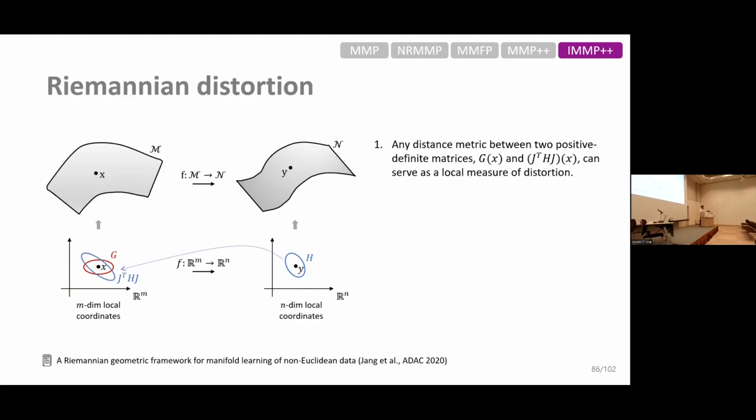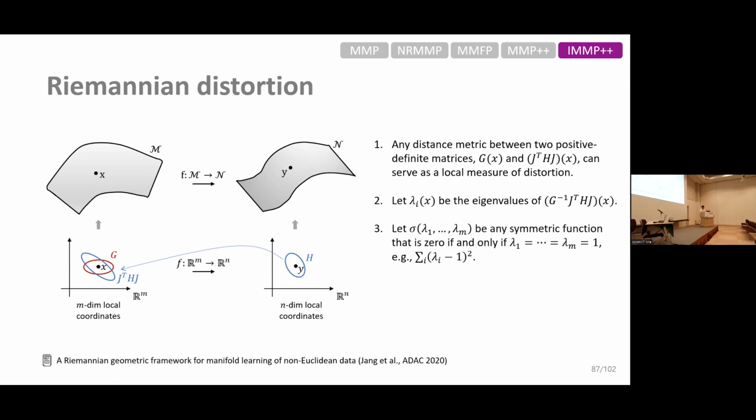We would like to formulate a distortion measure. Any distance metric between two positive definite matrices G and J transpose H J can serve as a local measure of distortion. When defining a distortion measure, it is important to ensure that it is coordinate invariant.